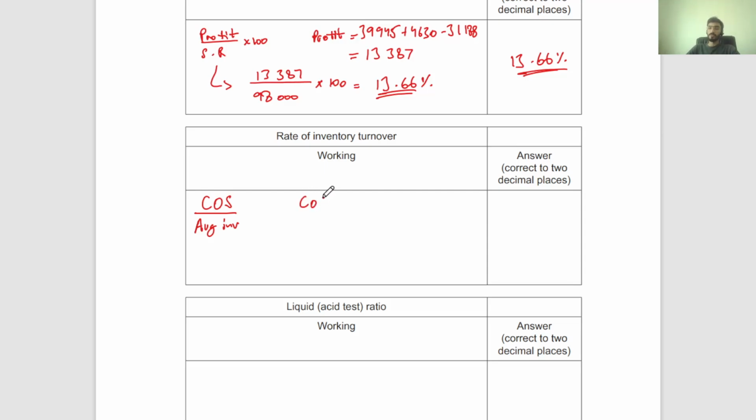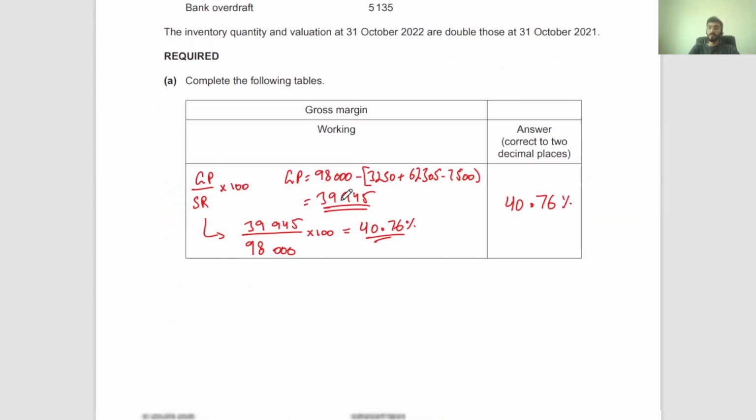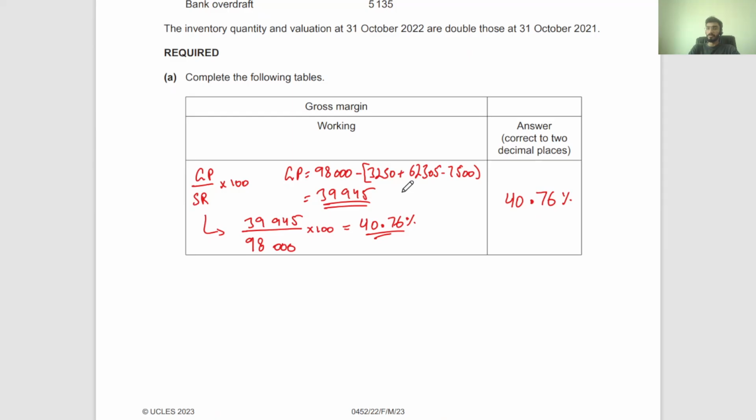Cost of sales. It is what we did above. It's that part. Opening inventory 3250.